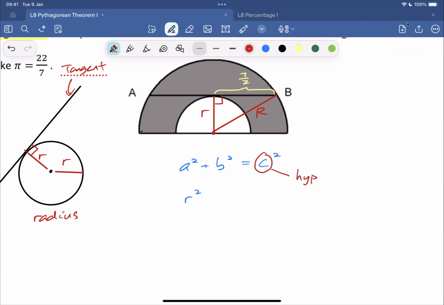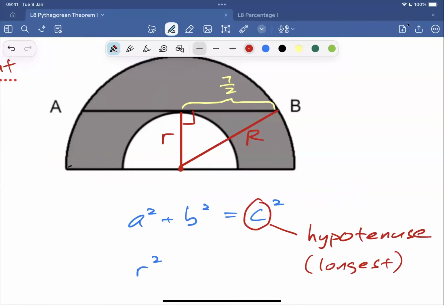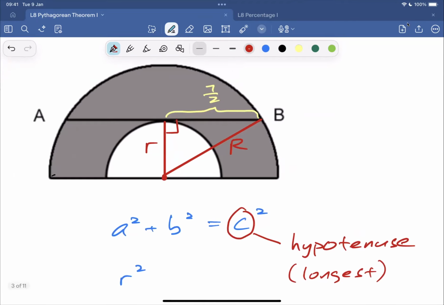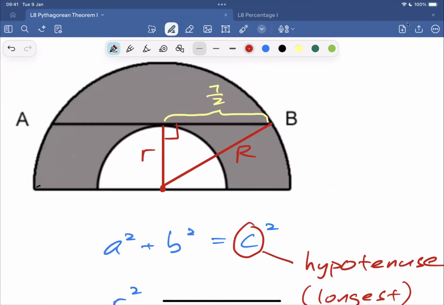You remember that word or not? Hypotenuse. What does the meaning of hypotenuse? Longest side. The longest side, correct. So that means which one is the hypotenuse? If you look at this diagram, look at the right angle triangle, which one is the hypotenuse?